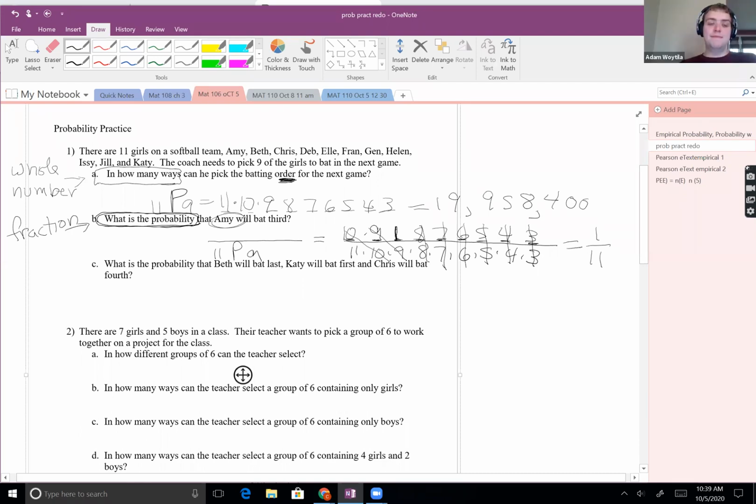Hmm. So, for the numerator, if I wanted to use permutations, there's one Amy, I want to pick her. And so I'm multiplying. There are 10 other players and I need 8 of them. And so I could also look at that as 1P1 times 10P8 over 11P9.